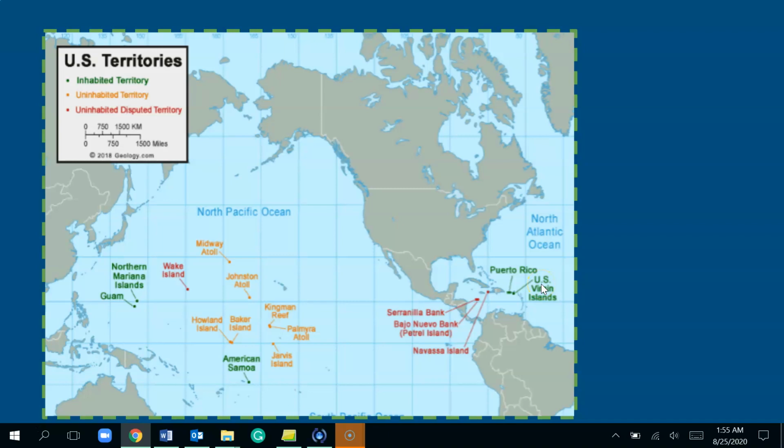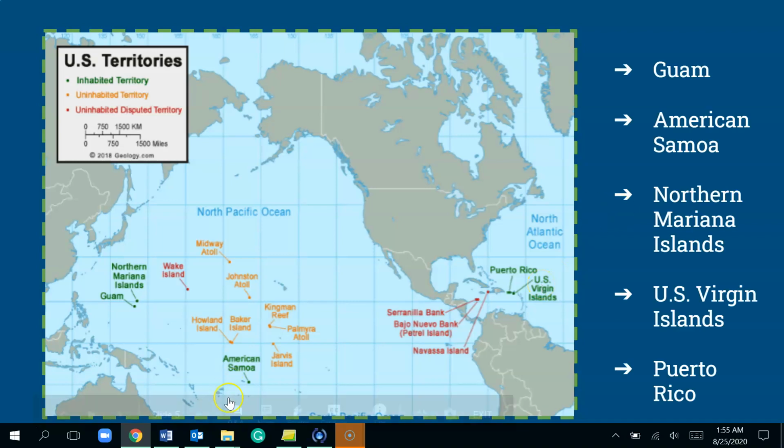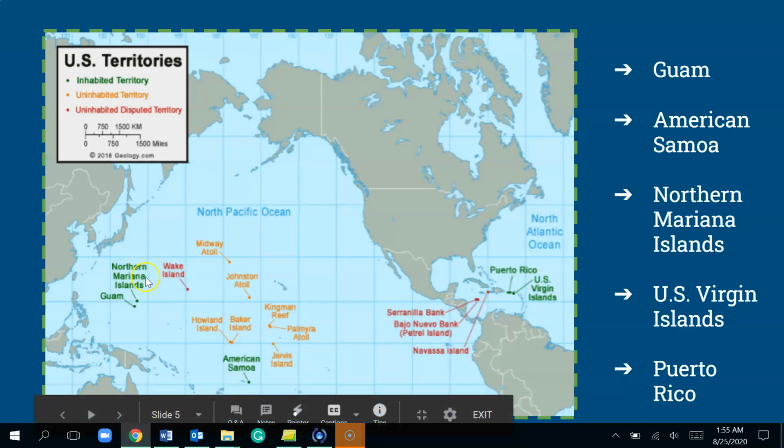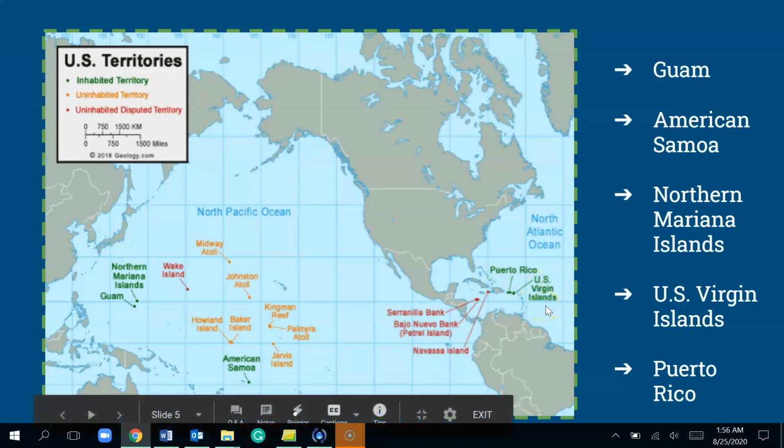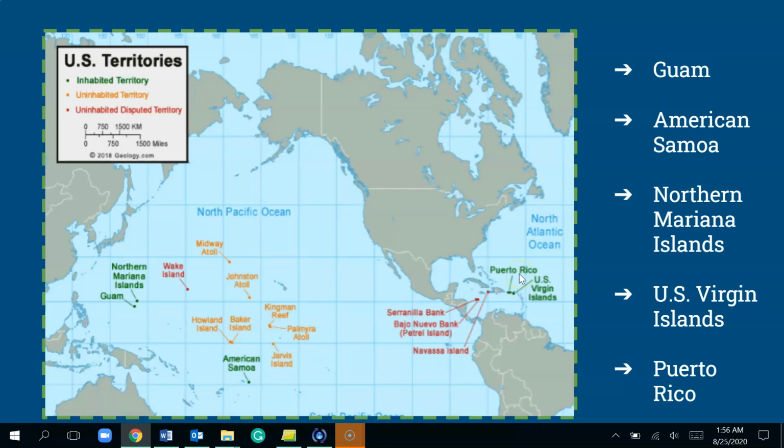These are Guam, Northern Mariana Islands, American Samoa, Puerto Rico, and U.S. Virgin Islands. Inhabited territories are the 5 that you need to learn. These are territories in which people live.